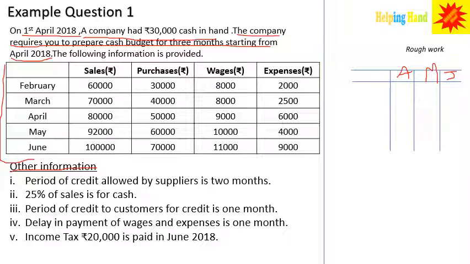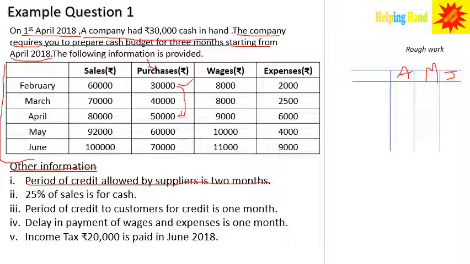The period of credit allowed by suppliers is 2 months. So who are the suppliers? Suppliers are those who are providing the raw materials to our company. When the company is purchasing the raw materials from them, the period of credit allowed by the suppliers is 2 months, which means if you purchase in the month of February, the payment can be made in the month of April.